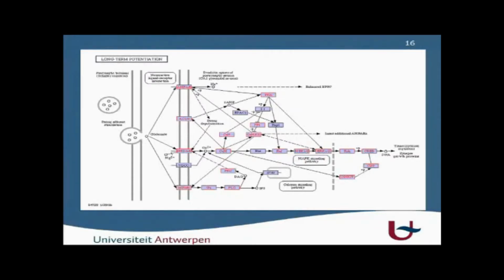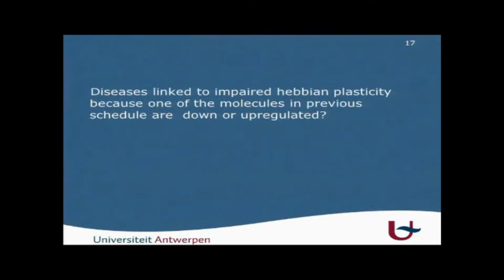Now here is an overview of molecules that are involved in the changes that occur at the level of the synapse or the postsynaptic ones, which deal with different types of molecules. And I'm not going to give you all the details, but I think it's obvious that there are several diseases like schizophrenia in which there is impaired Hebbian plasticity because one of the molecules is either down or upregulated.